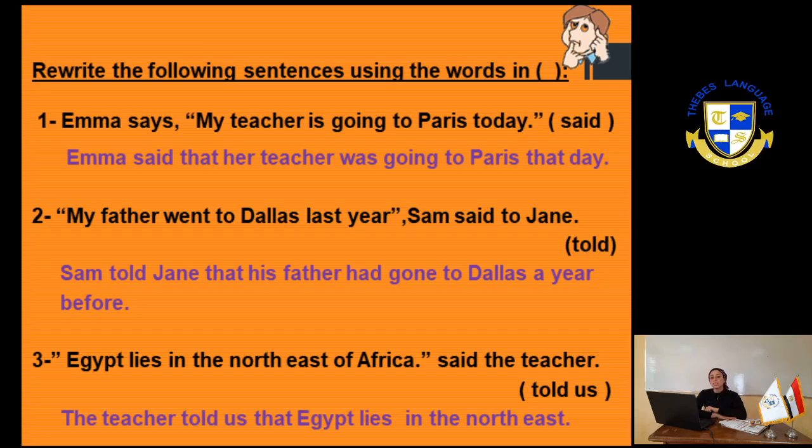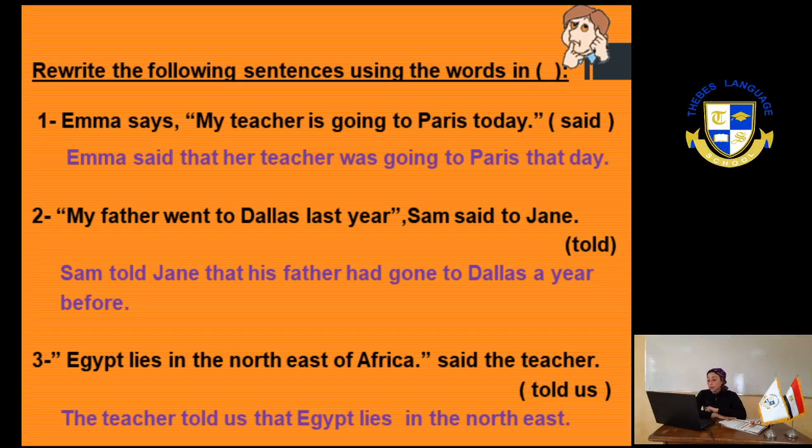But if you have says to or said to, in this case you are going to use told or tells. So we are going to use told: Sam told Jane that his father had gone. Why had gone? Because here we are using the past simple, and you know quite well that the past simple changes into the past perfect. So had gone to Dallas a year before.